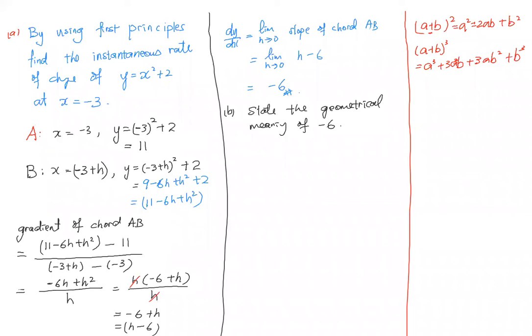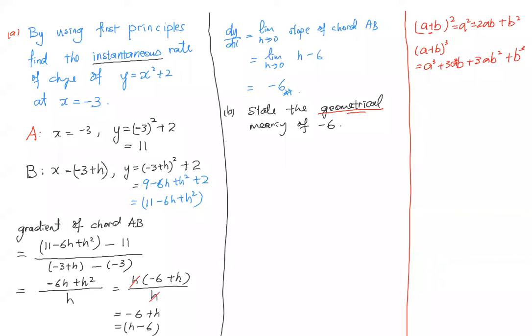When I say geometrical meaning, very important, geometrical meaning is a must to answer. You cannot say instantaneous rate of change. Although here I ask you to find instantaneous rate of change. But when I say geometrical meaning, geometrical things is always talking about area, length, distance, gradient.